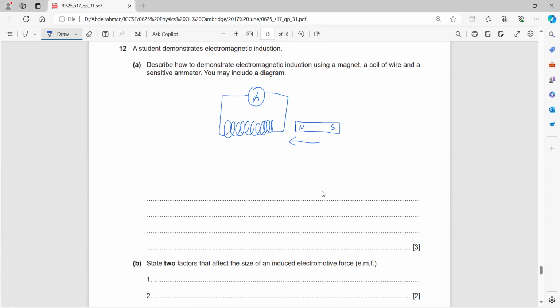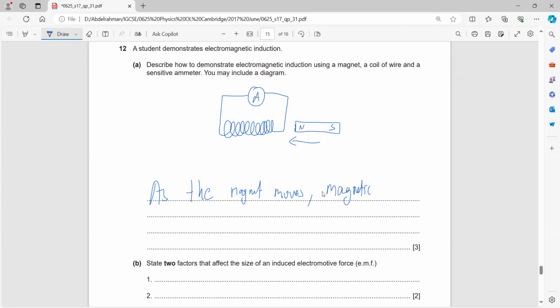What happens as the magnet moves? We need three keywords. First of all, you have to say the magnetic field.